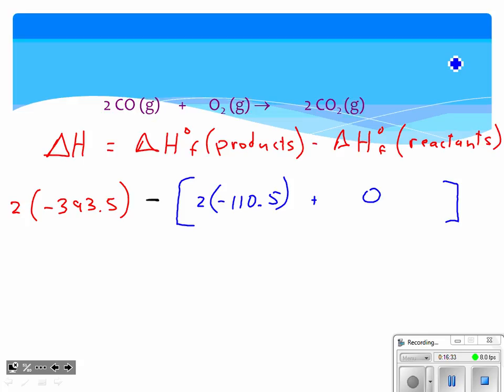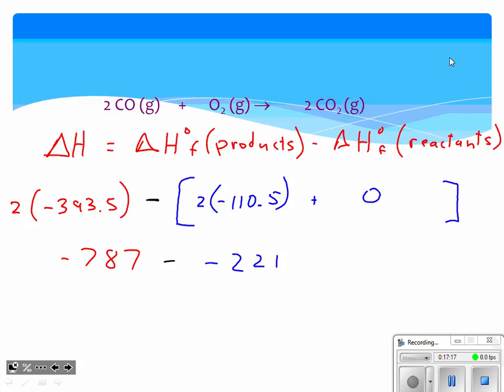So now I've got my values. All I'm doing is just doing my math. Negative 393.5 times 2 is negative 787. From that, I'm going to subtract, and my blue value is going to be negative 221.